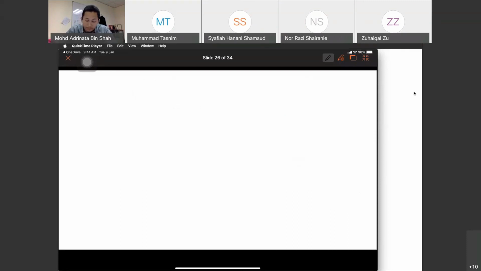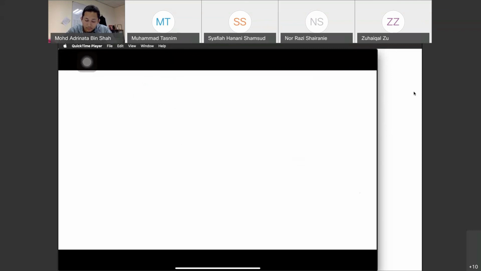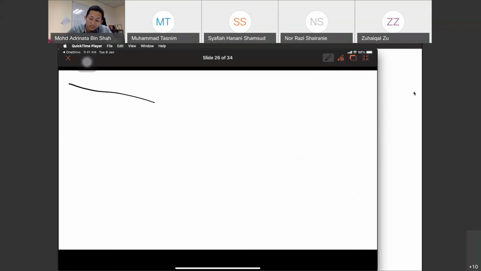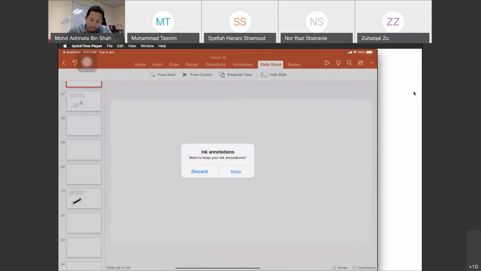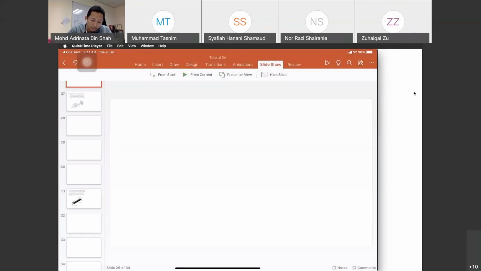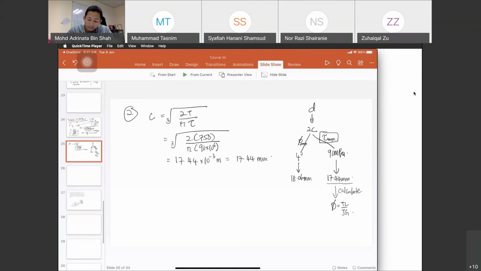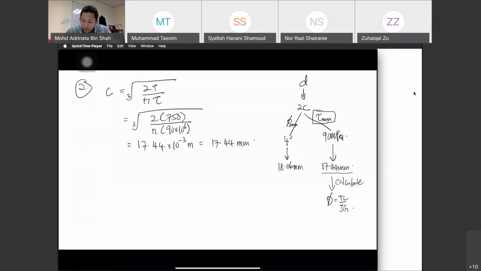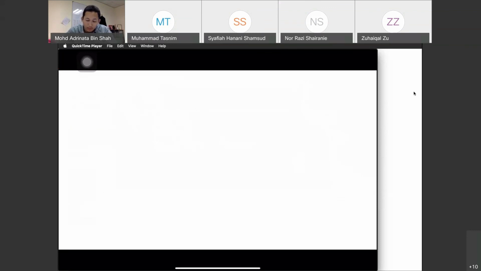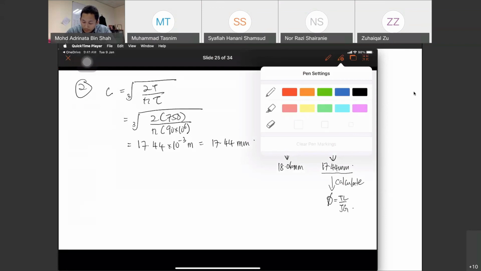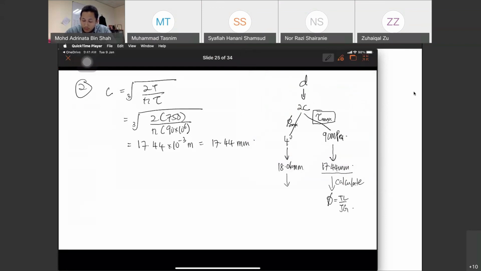Then from this one, you need to calculate what is the tau maximum.